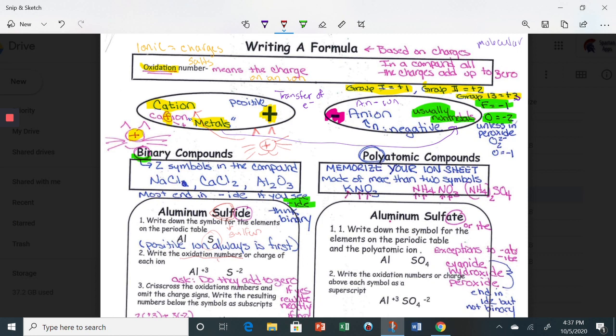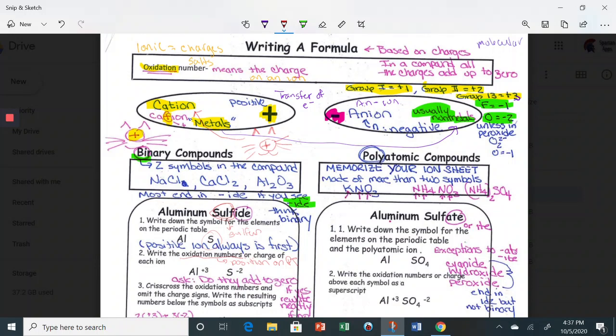Oxidation number has to do with position on the periodic table. Aluminum is group 13, so aluminum will be a +3 charge. Sulfur is below oxygen, so that group will follow a -2 charge.